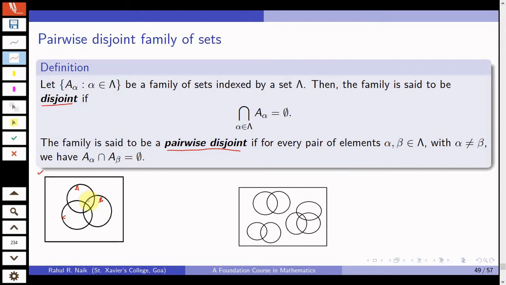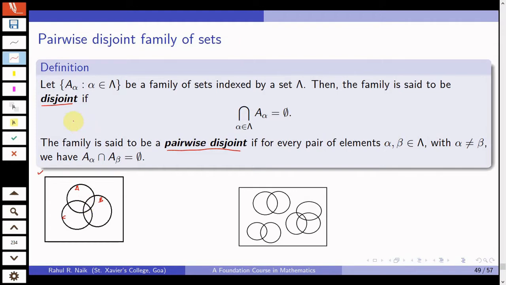You can see that there is a common element between these three sets. Since it is a very small number of sets, we can geometrically look at the idea of disjoint and pairwise disjoint sets and extend it to any number of sets.